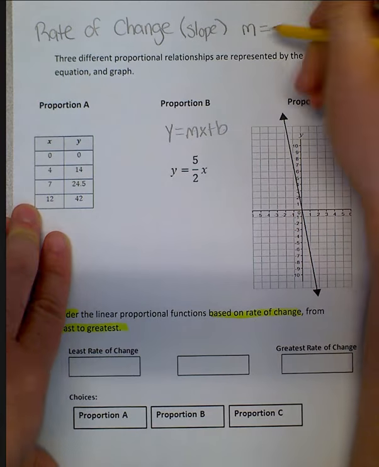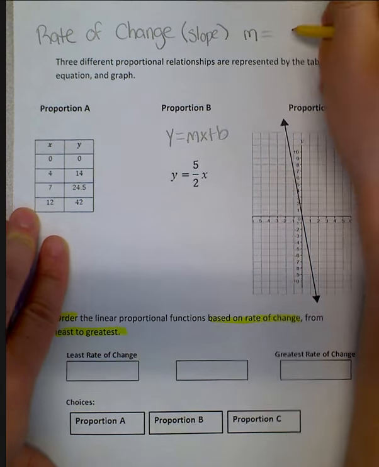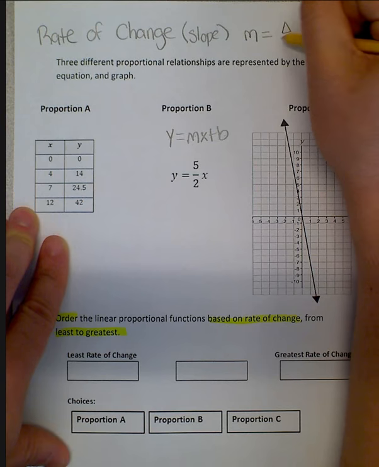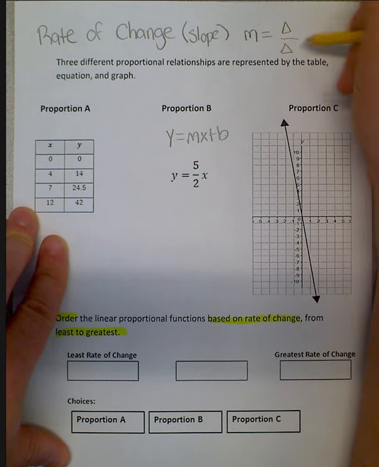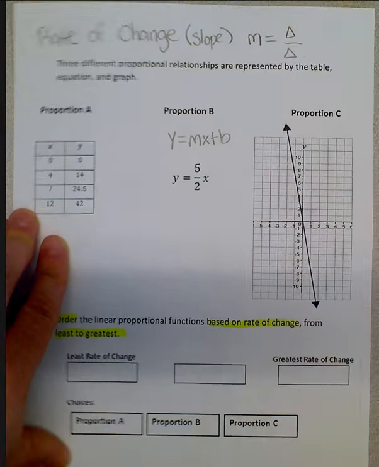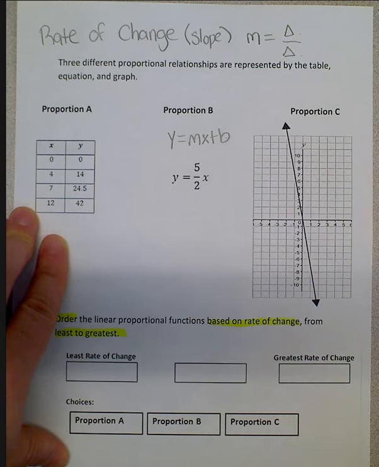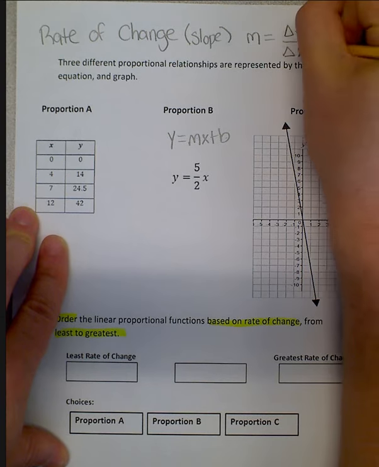And our rate of change or our slope is always the change in what over the change in what? Is it the change in y over the change in x? Or the change in x over the change in y? That's right, it's the change in y over the change in x.